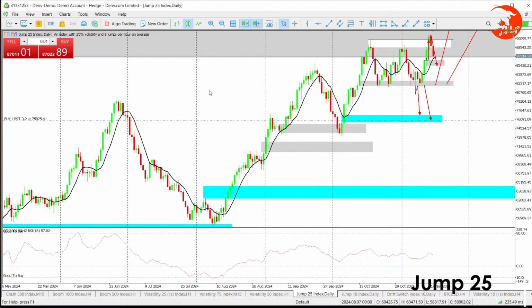All right, now where would we? Let's go to daily so that you can understand it better. On the daily time frame, we see that kind of channel that is being created. We know at some point we will break out and move the exact move that brought us into that kind of consolidation.